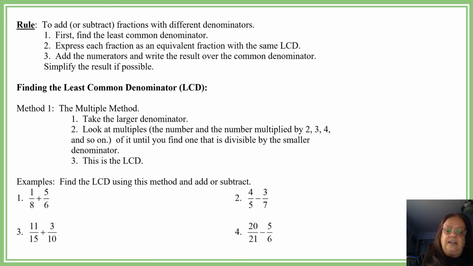I'm going to highlight that for you. First, I'm going to analyze the 8 and the 6. Well, they both have a 2 in them. So the 8 is 2 times 4, and the 6 is 2 times 3.